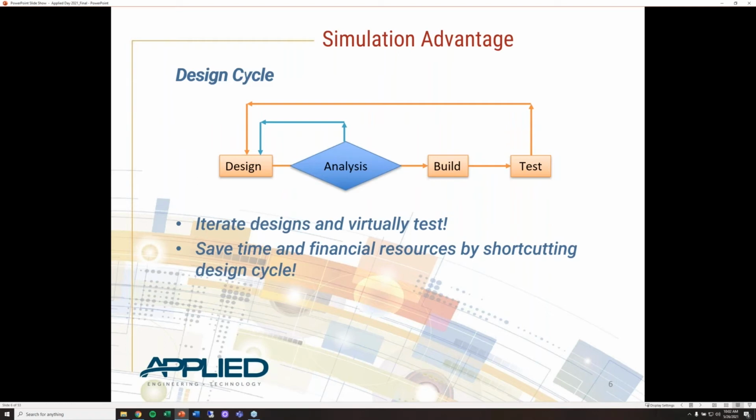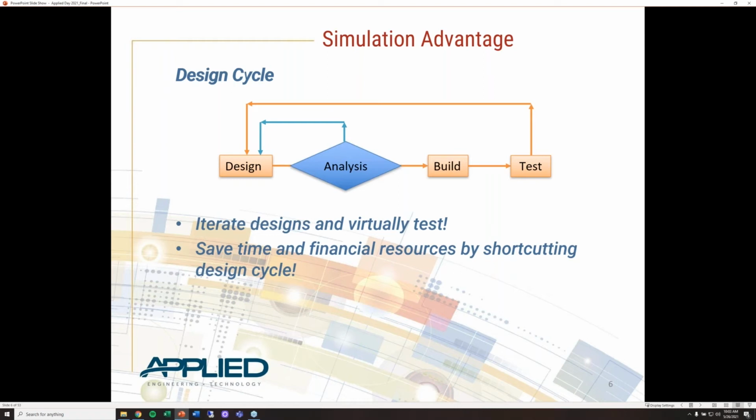Starting with the simulation advantage and the value proposition, we really believe simulation analysis is most advantageous when plugged into the design cycle. Here we can see our traditional design cycle of our detailed design followed by building our prototypes and testing those prototypes.